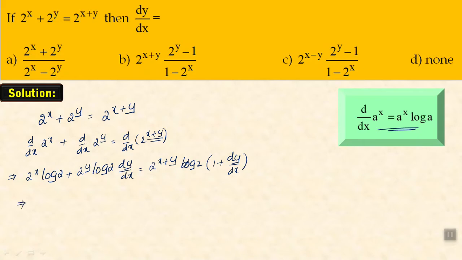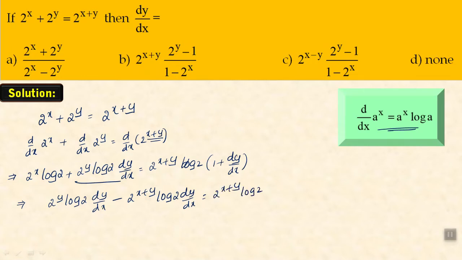This implies taking dy by dx terms this side, 2 power y into log 2 into dy by dx minus 2 power x plus y into log 2 into dy by dx is equals to, here constant term is 2 power x plus y into log 2, minus 2 power x into log 2. This implies in these two terms 2 power y into log 2 dy by dx is common.